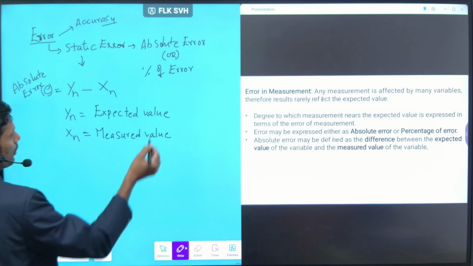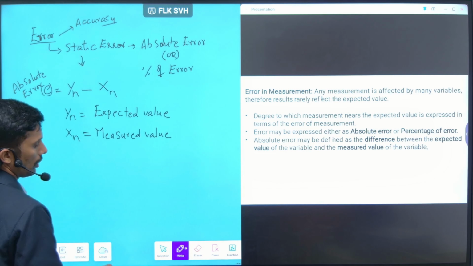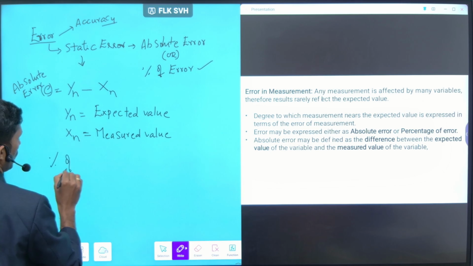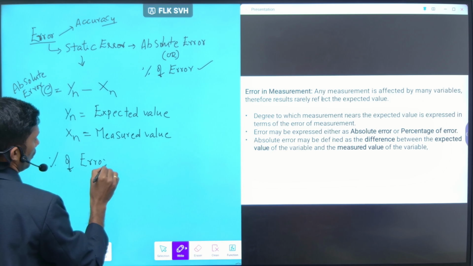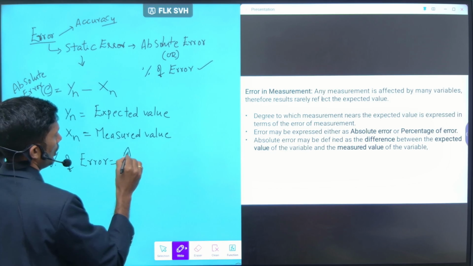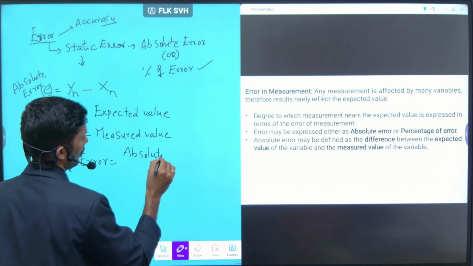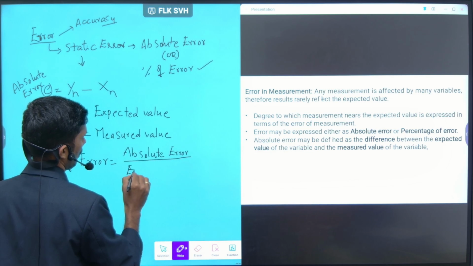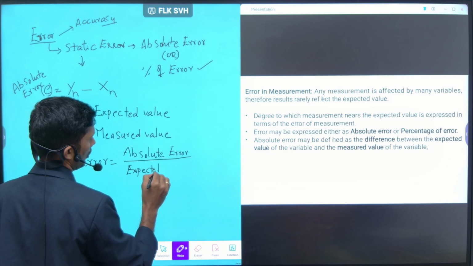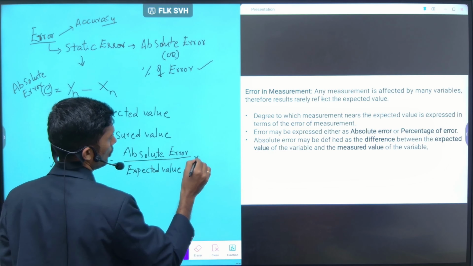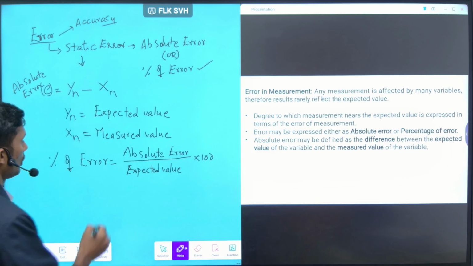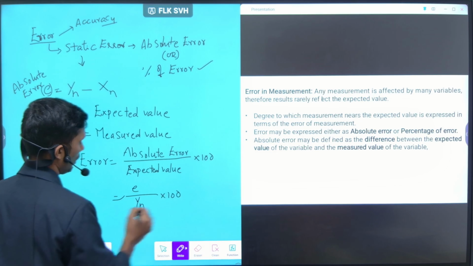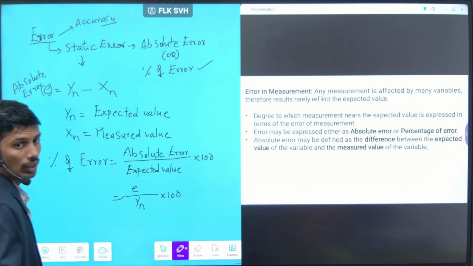The difference between the expected value and the measured value we call the error. Next is the percentage of error, which equals absolute error by expected value, into 100. So small e by yn into 100 is called the percentage of error.